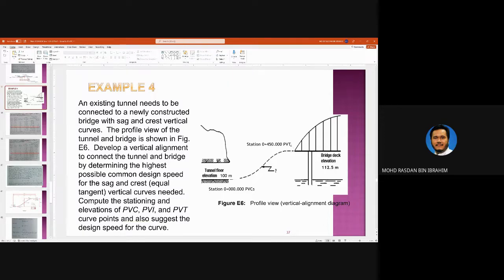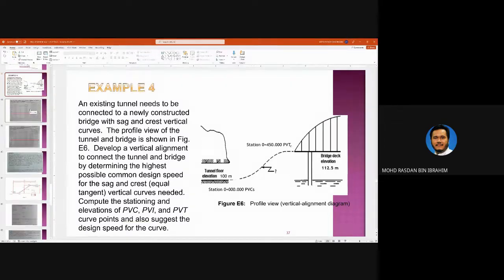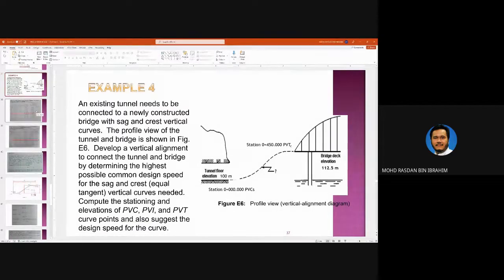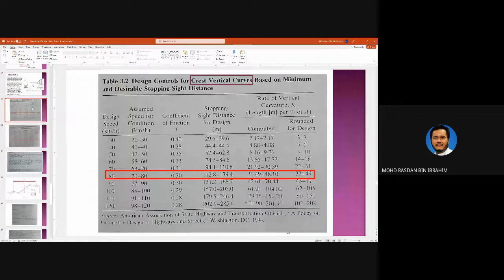Okay, to complete this example, to solve this example, you have to use two tables. So this is the K value table for different design speed. Okay, so this table 3.2 here is for crest vertical curves.